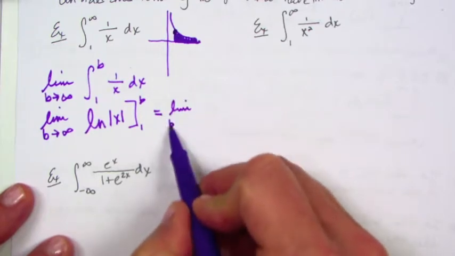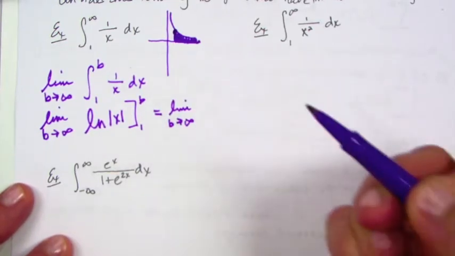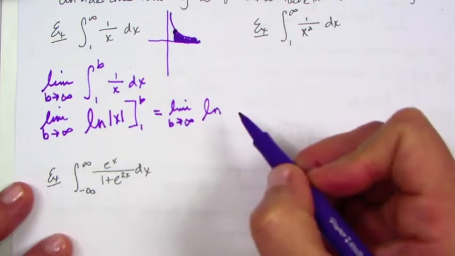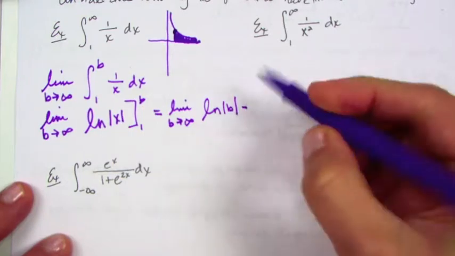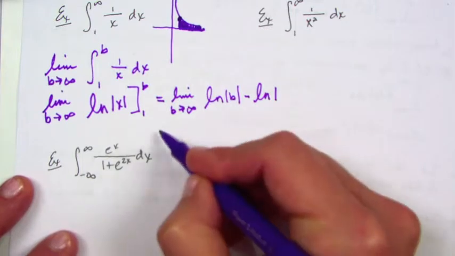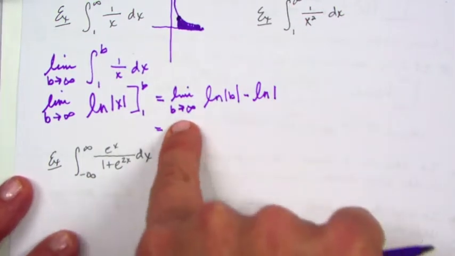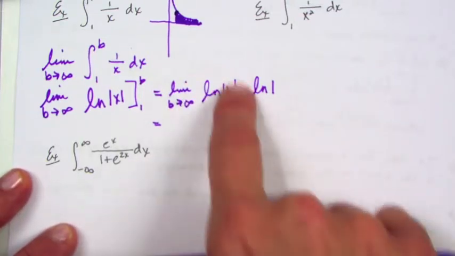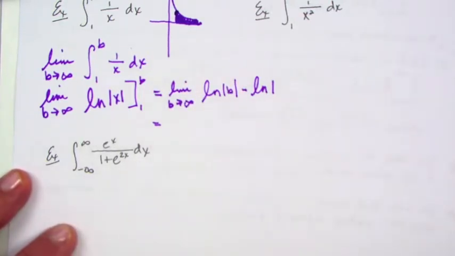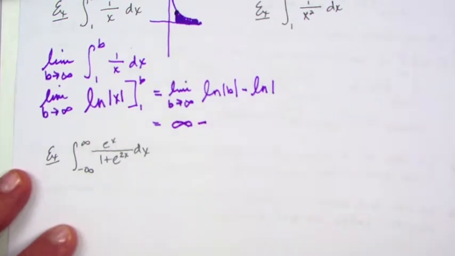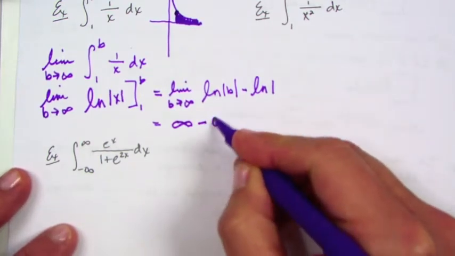Which is the limit as b goes toward infinity of ln b minus ln 1. If I substitute infinity in for that b, what's this going toward? Infinity. It's pretty slow moving, but it's increasing without bound. Minus, what's ln 1? 0.